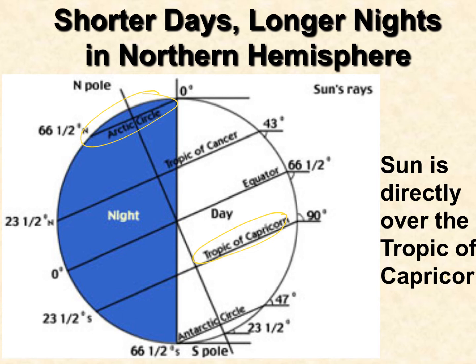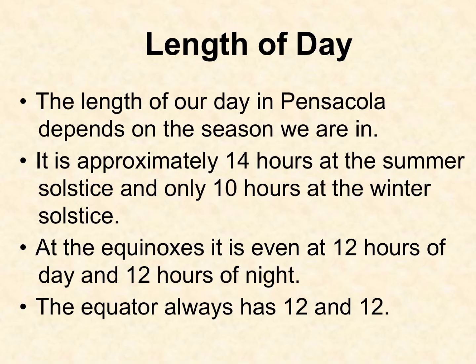You may notice that these two lines, the Tropic of Cancer and the Tropic of Capricorn, often labeled on a globe, have names associated with a couple of zodiac constellations. That's not a coincidence. If you're in my lab class, we'll look at why those lines are named the way they are.